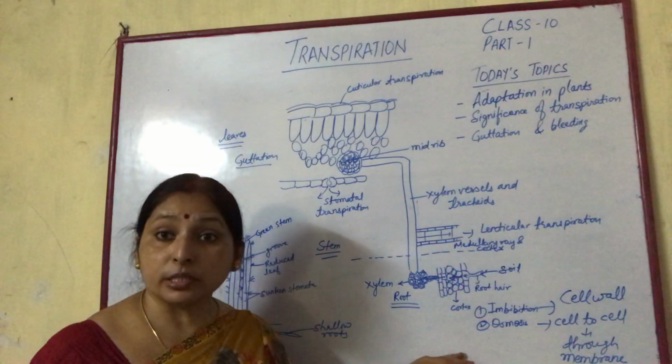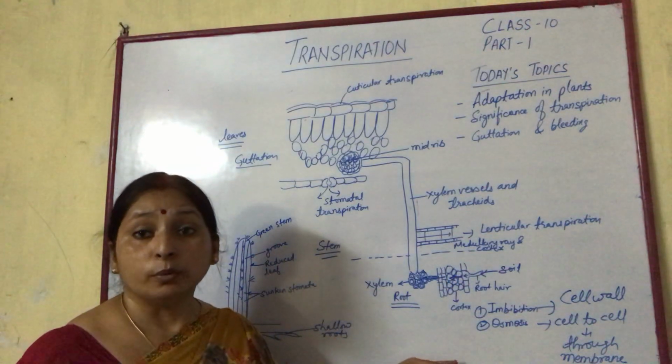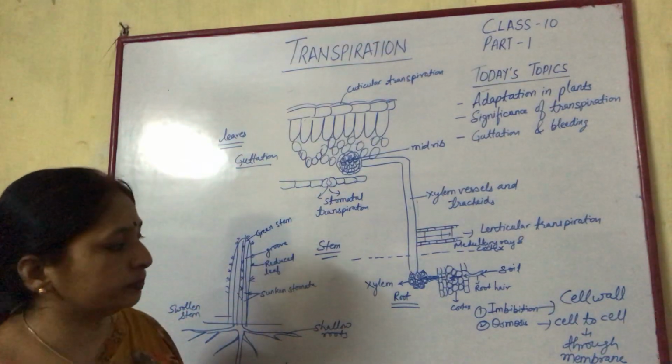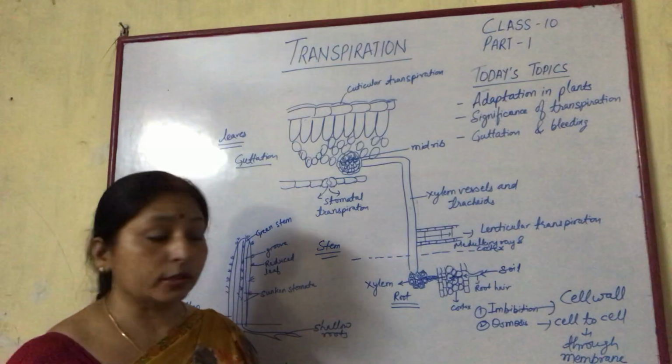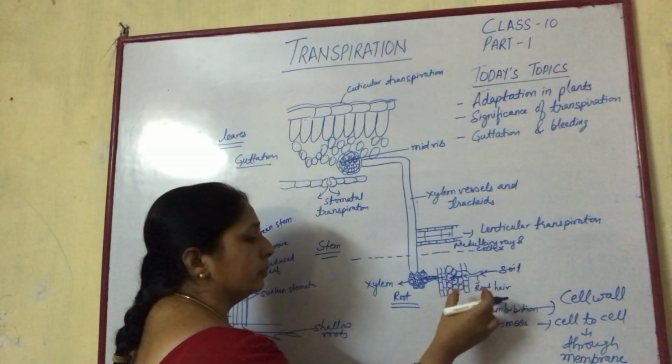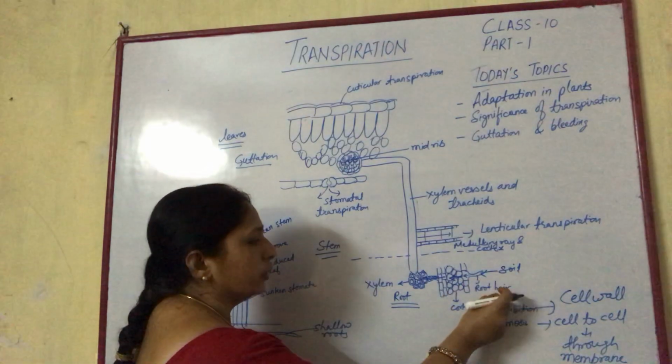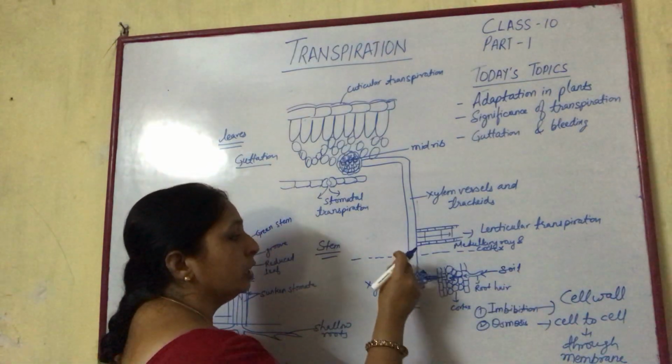The osmosis process has to move through the semi-permeable membrane, so the process is slow. By means of imbibition and osmosis, the water from the soil reaches up to the xylem.